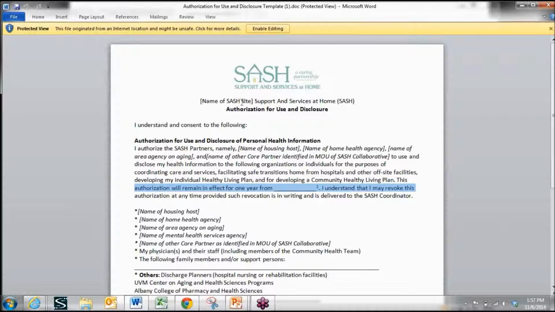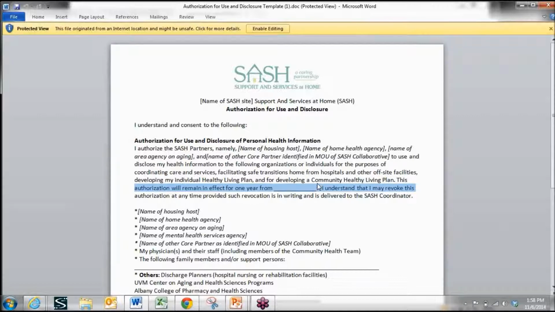So you're going to fill in the name of your SASH site, and then fill in the partner organizations that are part of the collaborative. Again, these are the names you're getting from your memorandum of understanding. So you're filling in here that the SASH partners are, again, name of housing host, home health agency, etc.